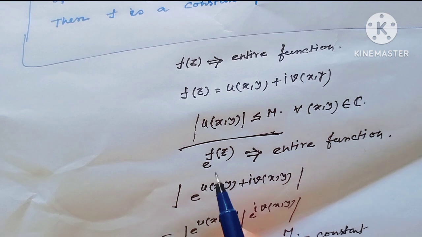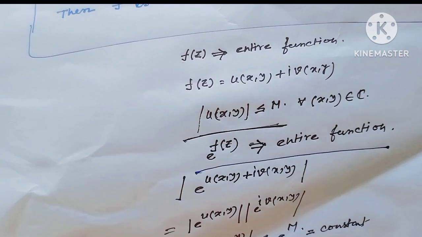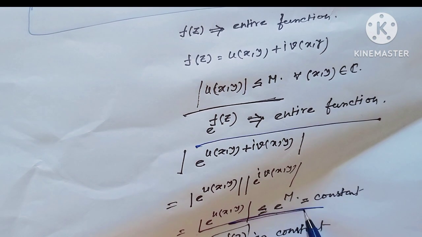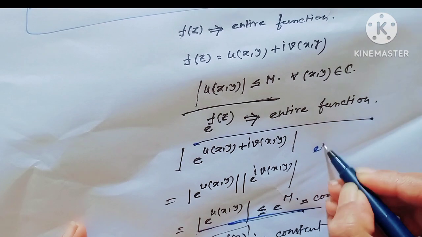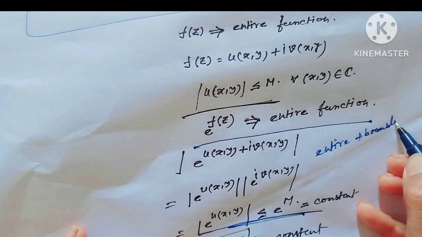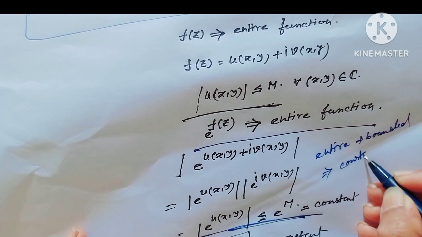Apply the Liouville theorem. Since e to the power f(z) is entire, and here I have got that it is less than or equal to e to the power M, which is bounded. So since it is entire and bounded, by Liouville theorem this is a constant function.